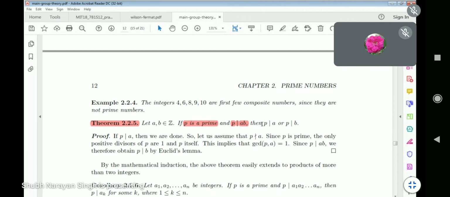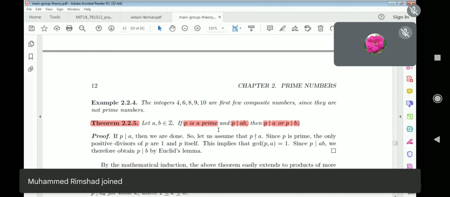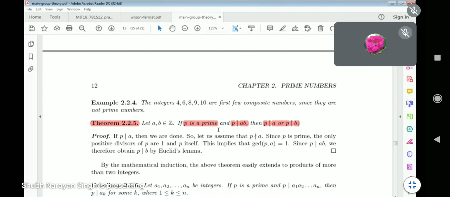So this is your goal. We have to reach this goal using these two given pieces of information. Just note down your information: p is a prime number and also p divides the product of a and b. And also note down your goal.